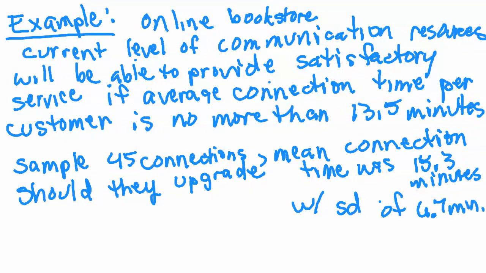Okay, so this company, if they can connect in no more than 13.5 minutes, it's pretty satisfactory. In the example, though, the mean was 15.3 minutes and the standard deviation was 6.7 minutes.